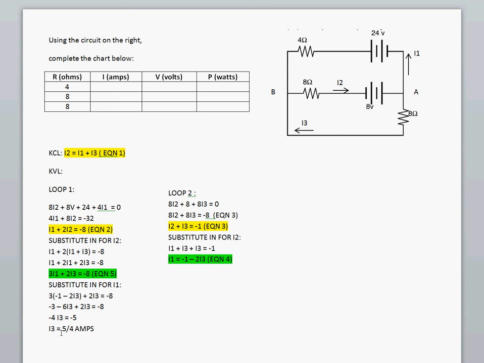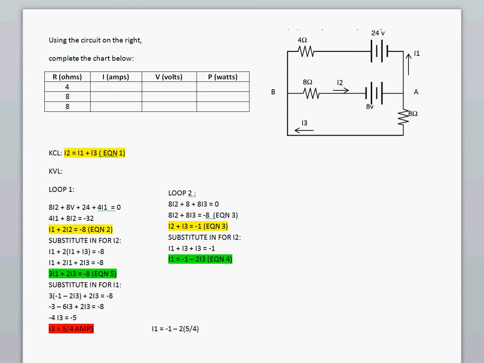Correct? And so the positive means that I've assumed the right direction, so we're good. So there's part of my answer right there. So I3 is 5/4 of an amp. I can substitute this now into equation 4 and get I1. And if I do that, I get that I1 is equal to negative 1 minus 2 times 5/4.